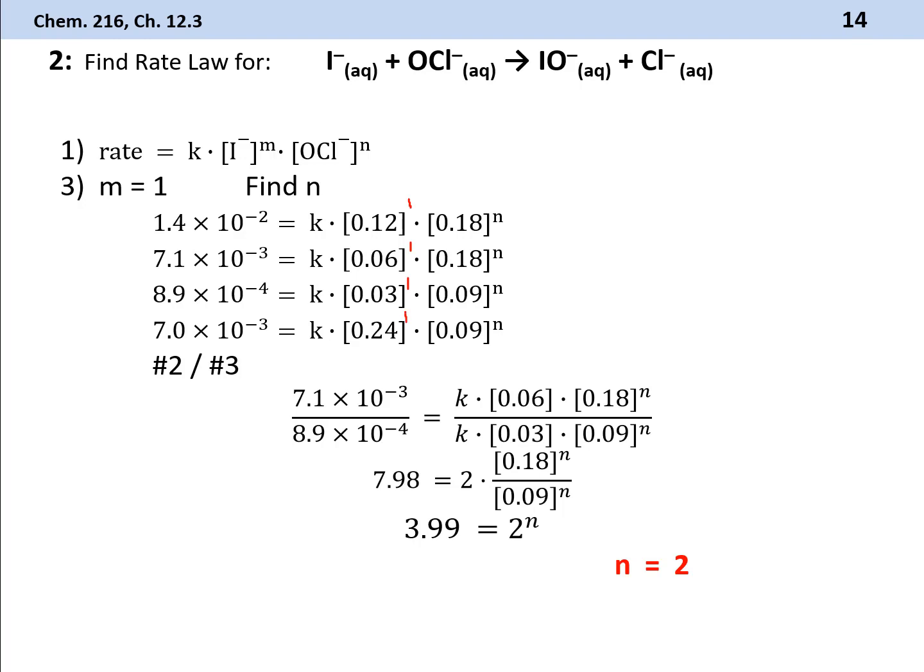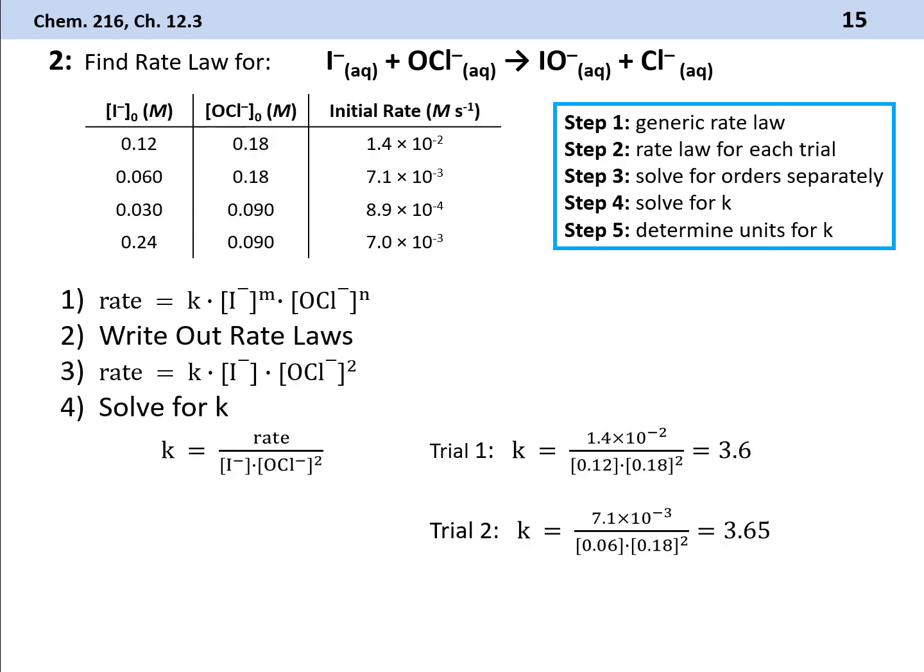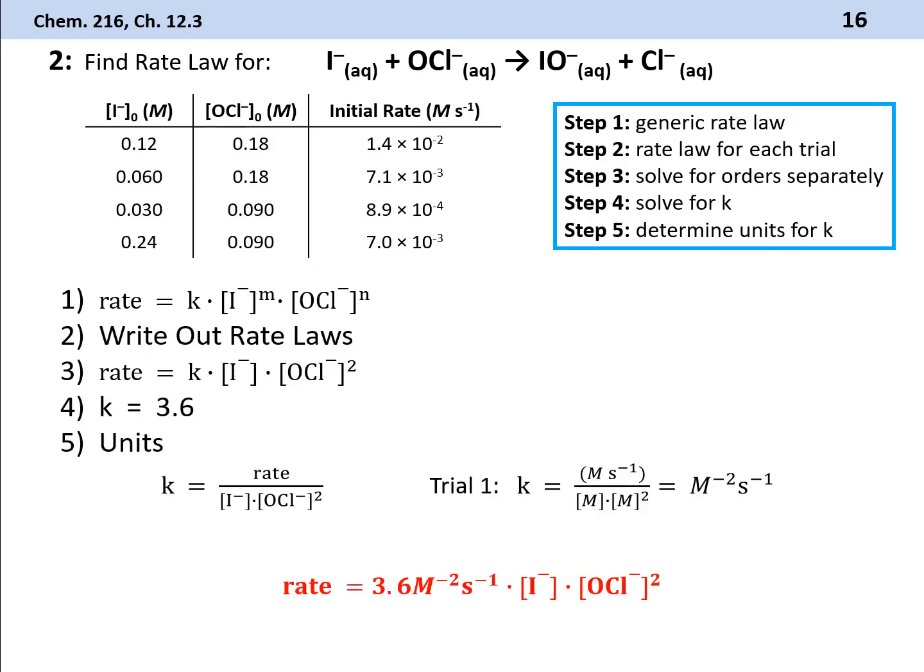And now I use number 2 and 3 to figure out the effects of n, because the k's cancel out, and I can find n. In this case, n is equal to 2. So this is my rate right here, number 3.